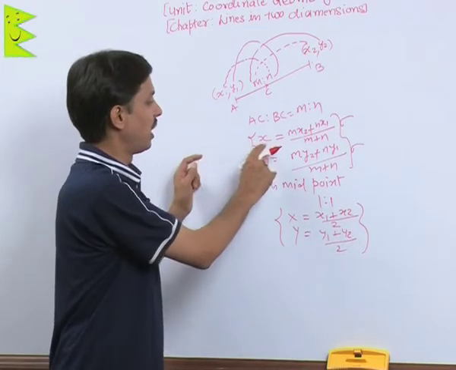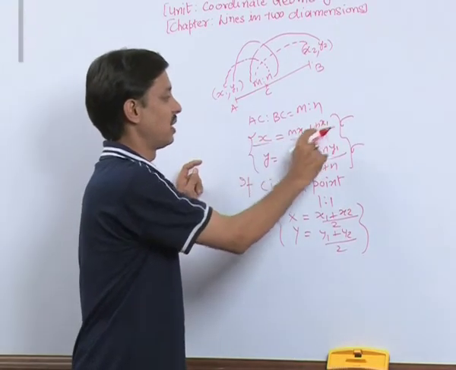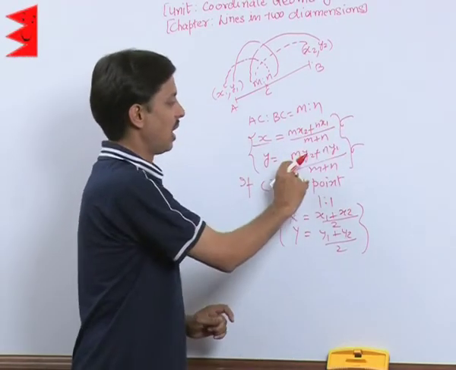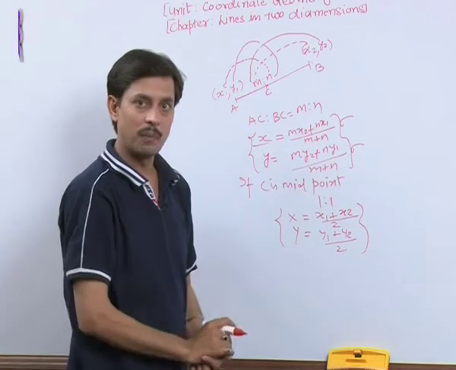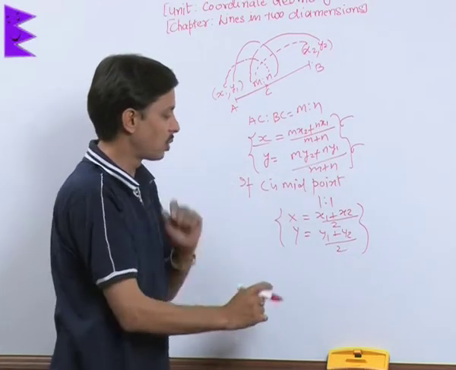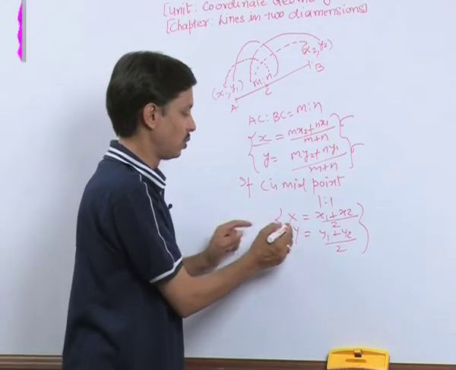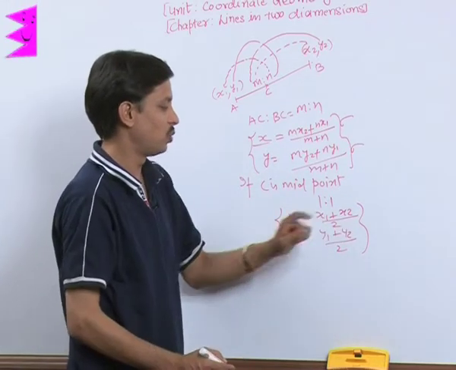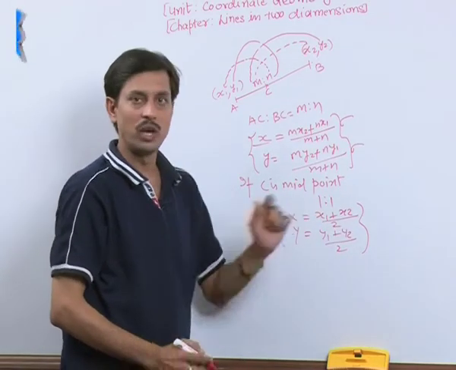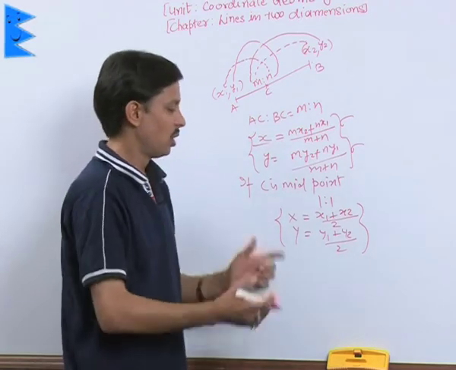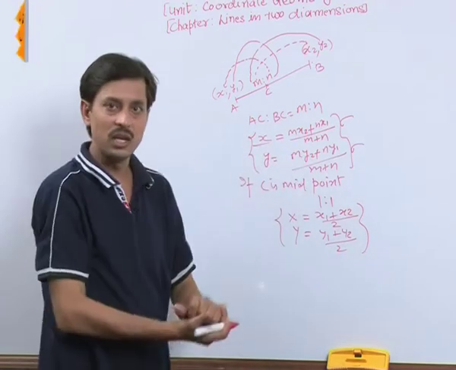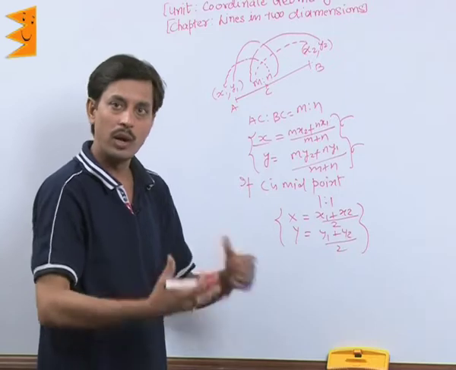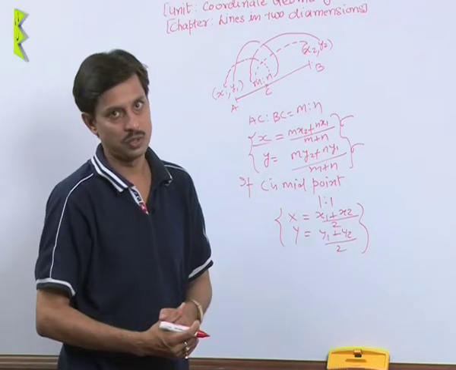The formula is always x equals mx2 plus nx1 upon m plus n, y equals my2 plus ny1 upon m plus n, and the coordinates of the midpoint are obtained by using x equals x1 plus x2 upon 2, y equals y1 plus y2 upon 2. So, using these results, we can calculate many problems.